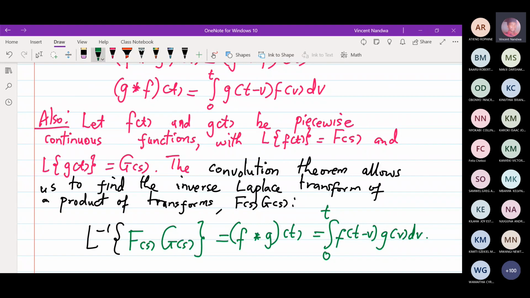So the convolution theorem can help us to find the inverse Laplace transform of a product of two transforms. So we demonstrate by examples.